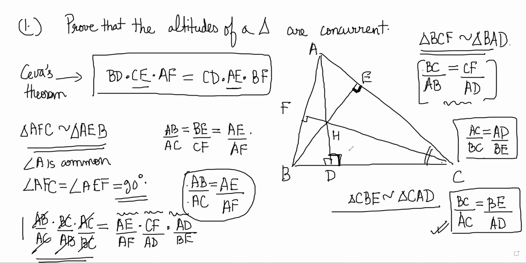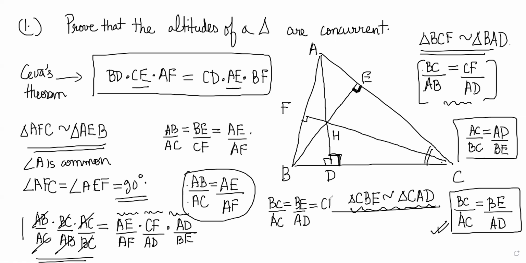So in the third triangle, I have to take the other ratio. So there are three sides, right? In triangle CBE and CAD, you can take another ratio. So we are getting BC by AC is equal to BE by AD is equal to, BC was opposite to angle E, and BE was opposite to C. So what is opposite to this?